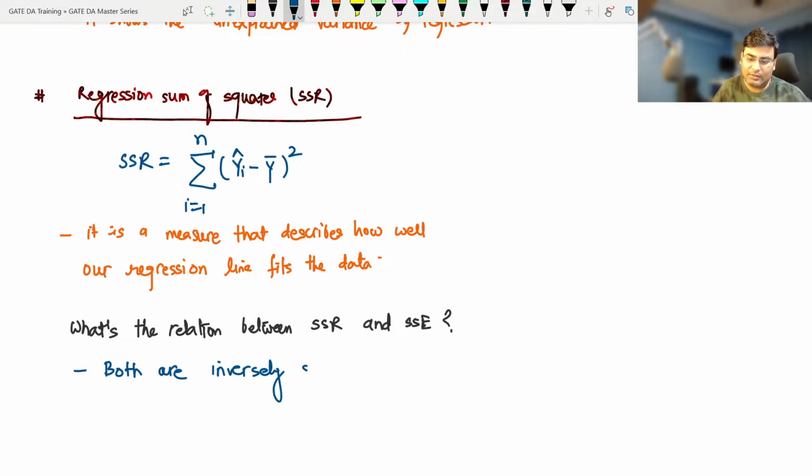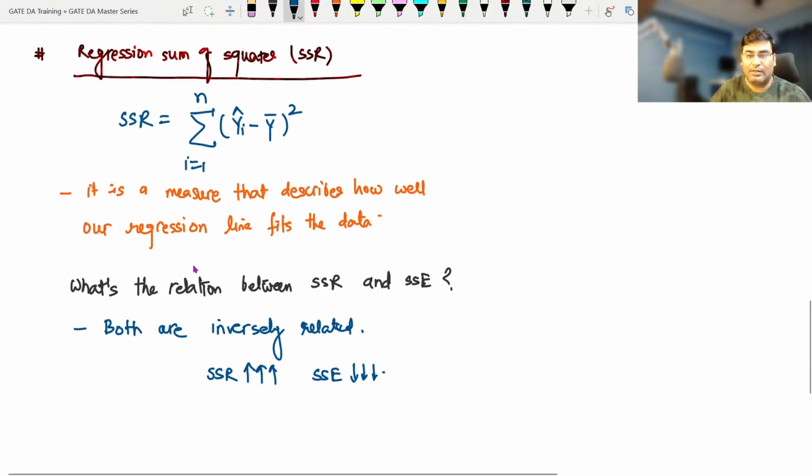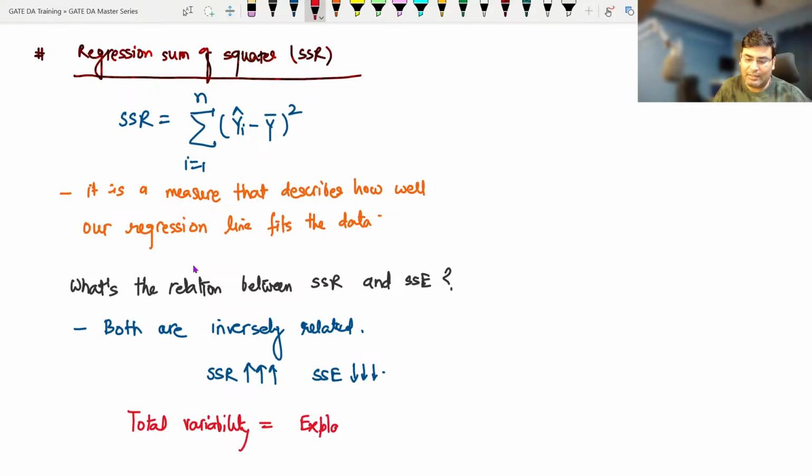So basically, what I'm saying is that if you increase the sum of square regression, SSE is bound to come down. Correct? Let me give one liner and then I hope you will be able to understand. Let's say total variability is explained variability plus unexplained variability. That is the sum.